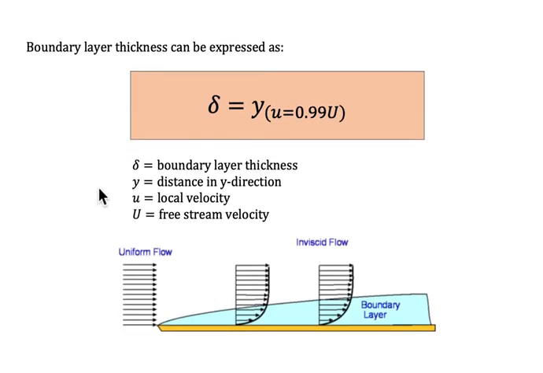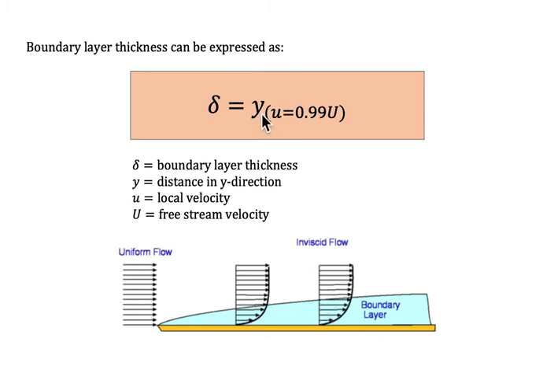From that definition, we could say that boundary layer thickness can be expressed as delta is equal to y, because boundary layer thickness is actually the thickness or the distance on the y-axis.